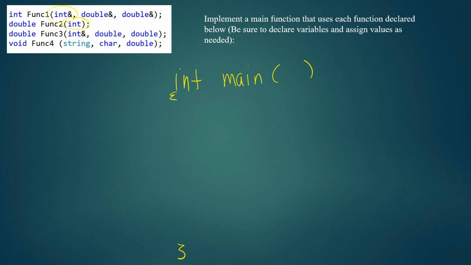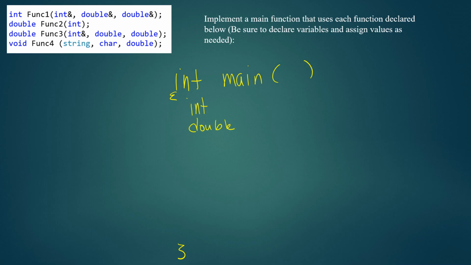My first function is going to return an integer, and I have to pass it an int variable and 2 doubles. I can pass it the same doubles twice. Actually, I don't want to use bad names because bad names tend to get confusing.